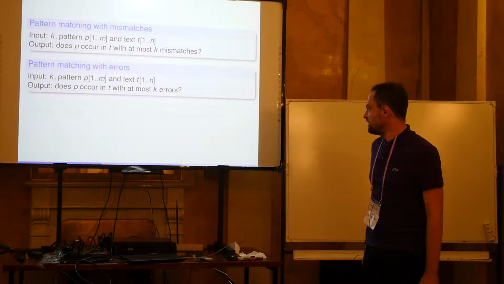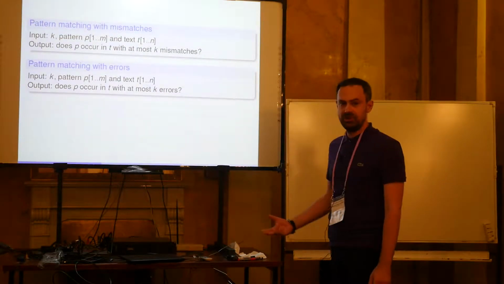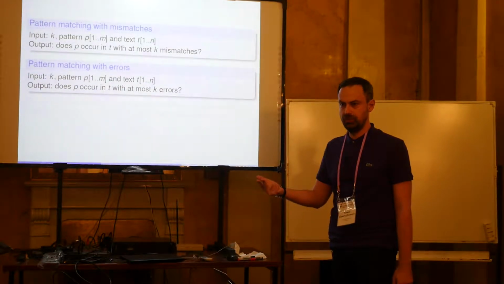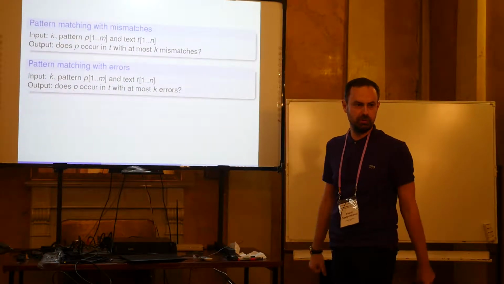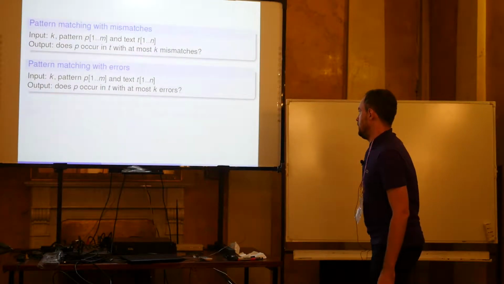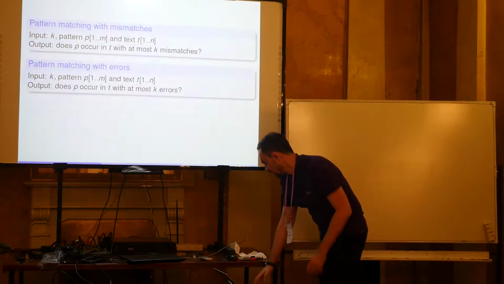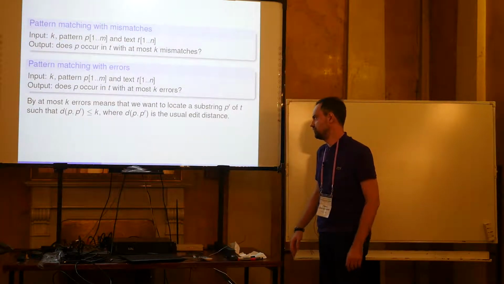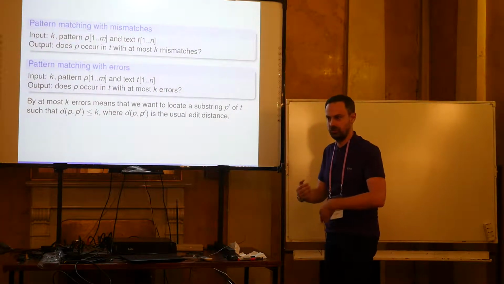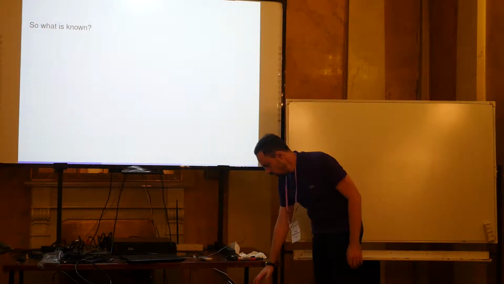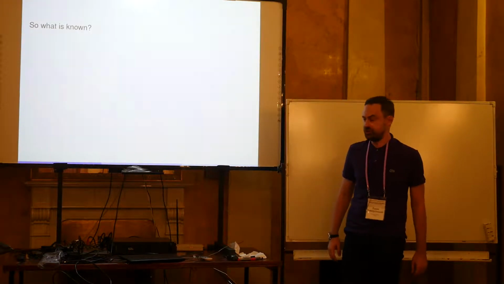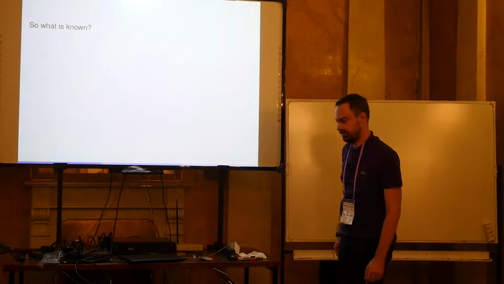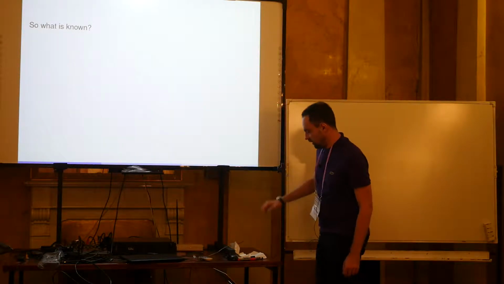So now your complexity depends on 3 numbers, k, m, n, and we try to figure out what's the best complexity in terms of those parameters that you could get. Again, errors is just the usual edit distance. You could also introduce some weights in your edit distance and so on, but let's not do that. So what is known for those 2 versions? I will give you a brief summary of history, and I will show you one algorithm in a minute.